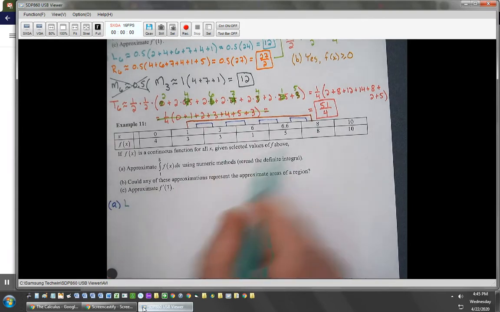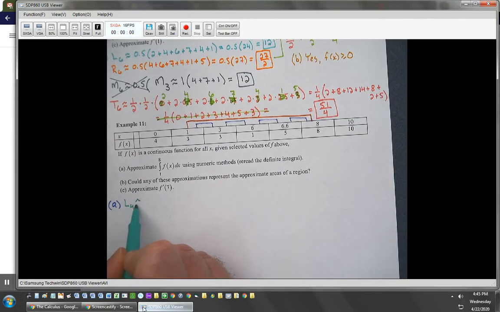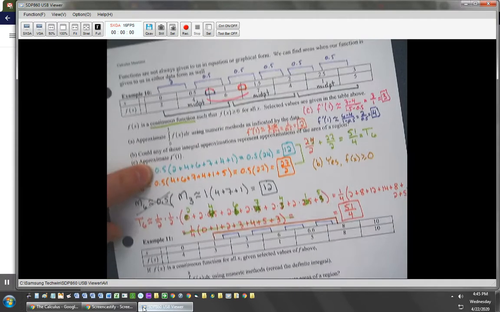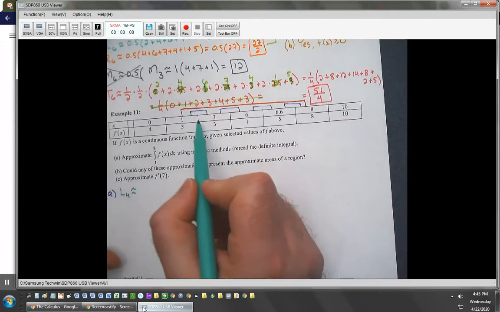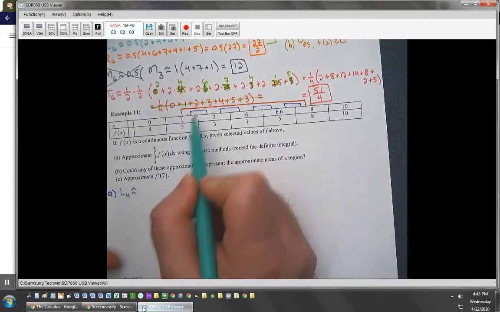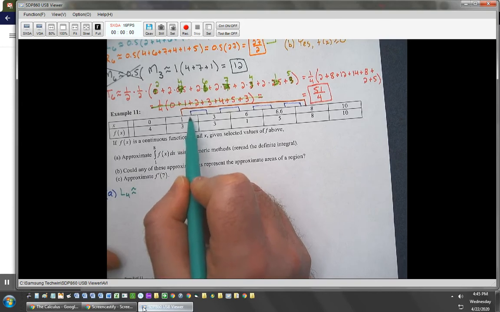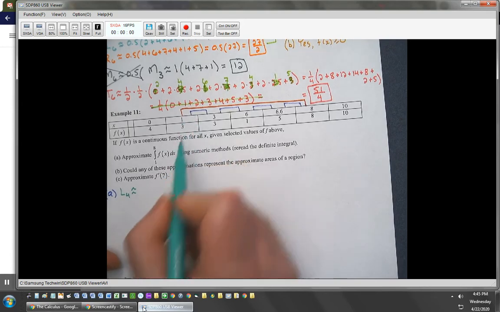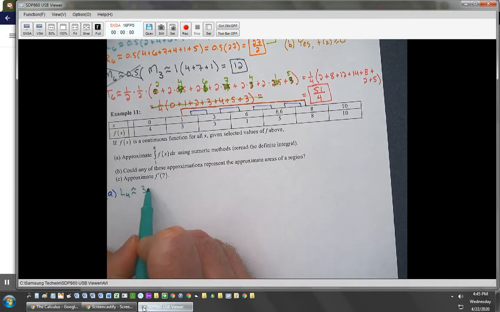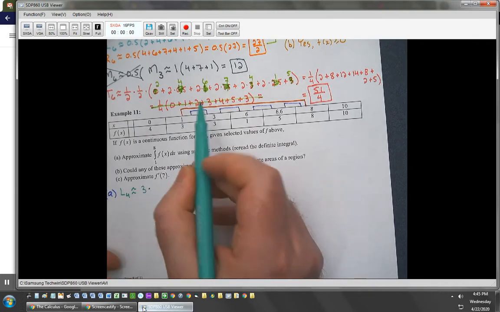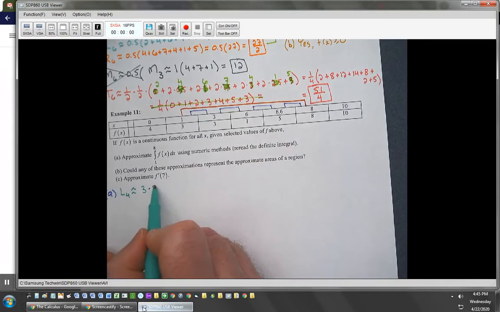Left hand, we're doing 4 of them. Would approximately, now I can't do this nice little factor out the common interval because we don't have that each time. So how I'm doing the left side, here's my interval, I'm going to the left side. That's going to reach a height of 3 times, how big is my interval? 2.